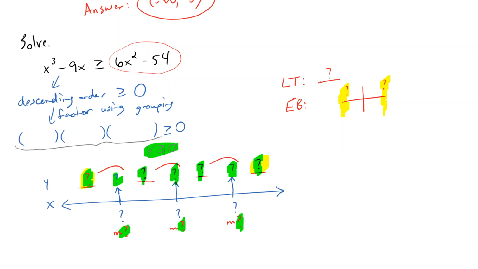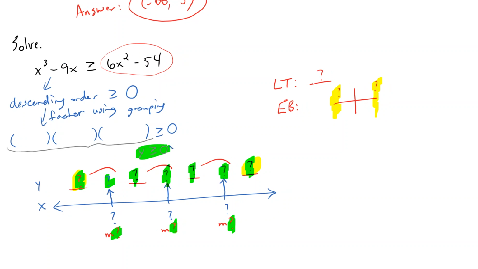For ones that aren't positive or equal to 0, cross them out, put an X through them. Then once you've figured out all the places where y is greater than or equal to 0, all the ones with the check marks, shade the corresponding x values on the number line, either the regions or the zeros.